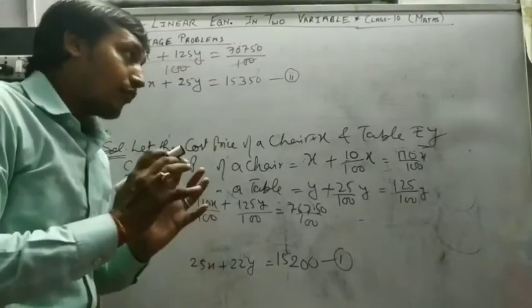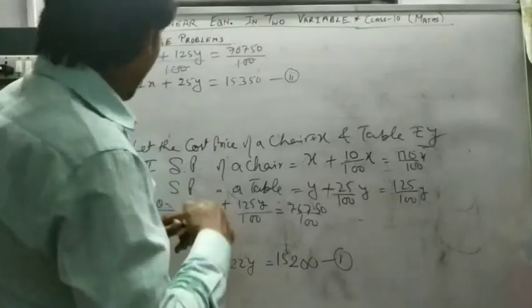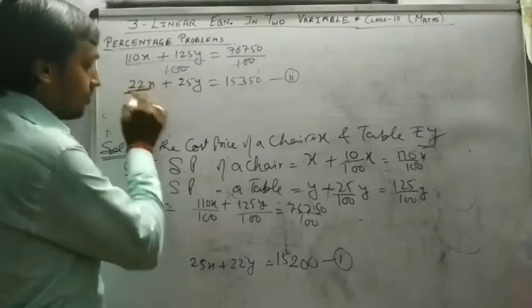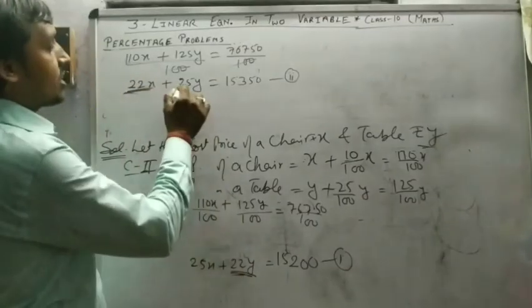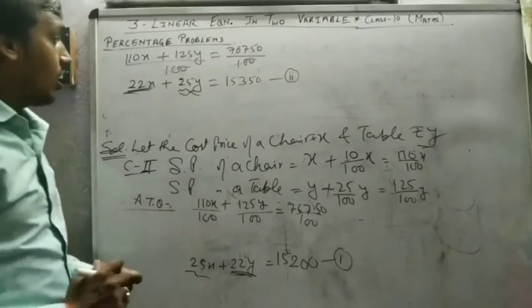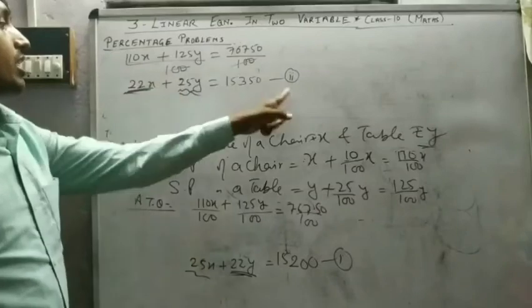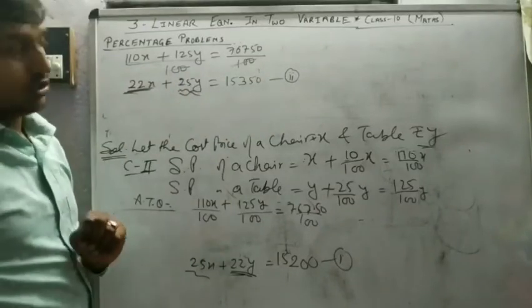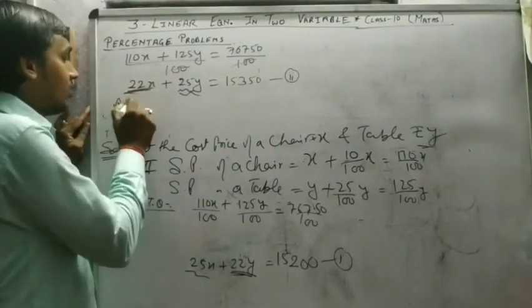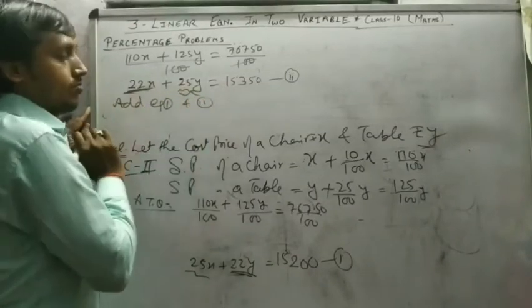You have to see the trick for solving these types of questions, where the coefficients of x and y are interchanged. In this equation you have to see that the coefficient of x in equation first is the same as the coefficient of y in equation second. So firstly directly add equation first and second.